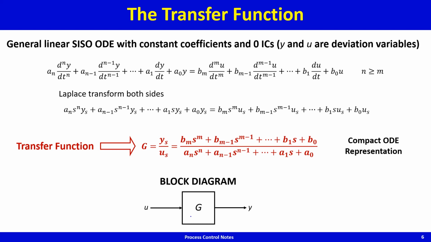So this is the block diagram compact representation of the same dynamic system using G, which is a transfer function. The transfer function in itself is a compact ODE representation in the Laplace domain. The ODE is in the time domain, the transfer function is in the Laplace domain.